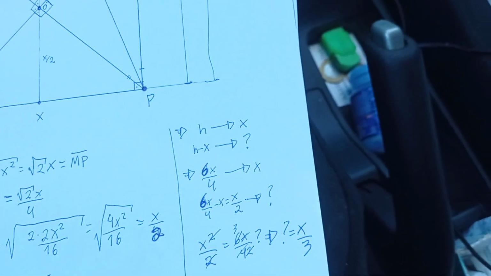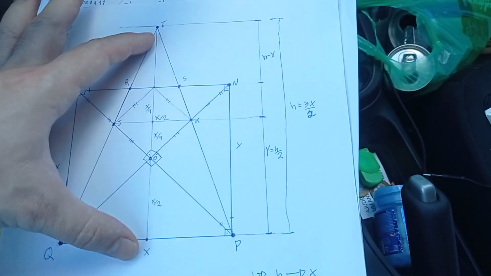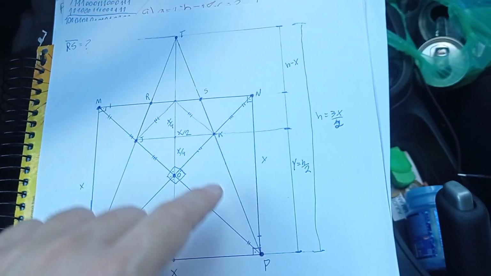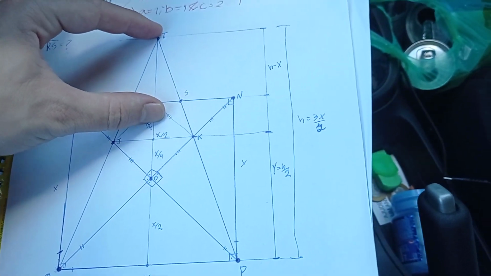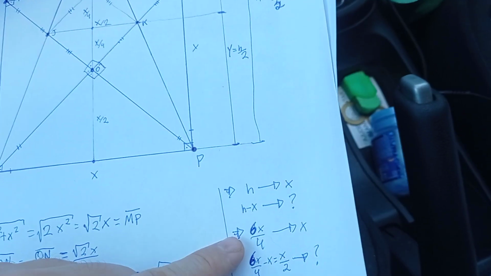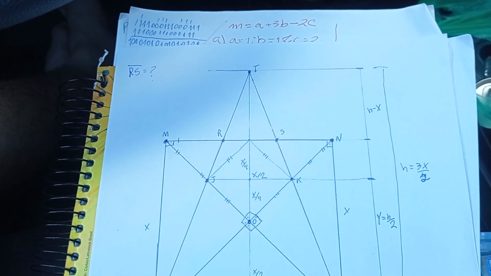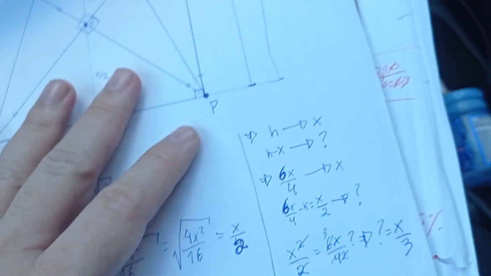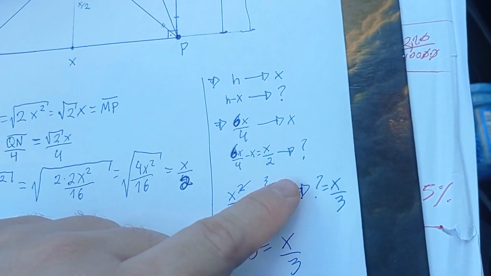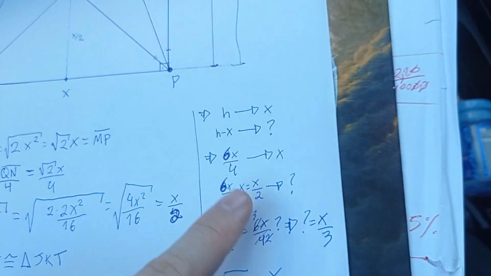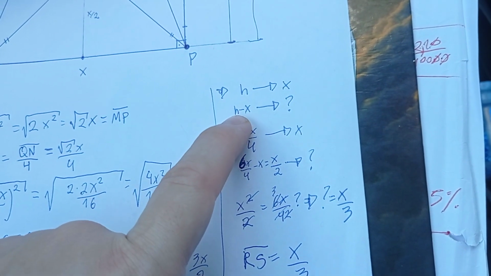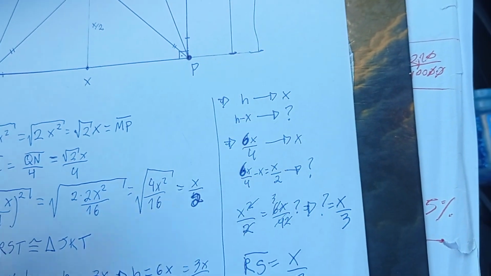This means that h, which is the height of the big triangle, is to 2x, which is the base of the big triangle, in the same way that h minus x, which is the height of the smaller triangle, is to what we want to know, which is the size of the segment RS, which means that we get the following: h times this question mark is h minus x times 2x.